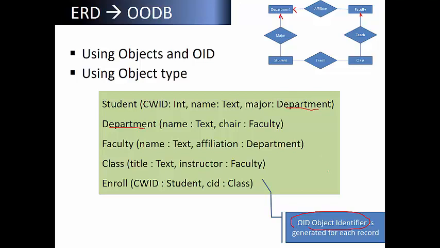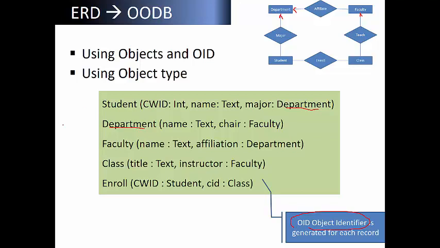That object ID, since John is definitely linked with the department cybersecurity. In the class of department, in the table of the department, there are two attributes: name, the department name, and chair.